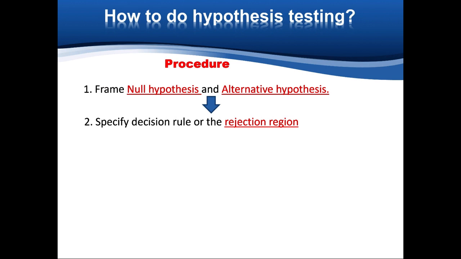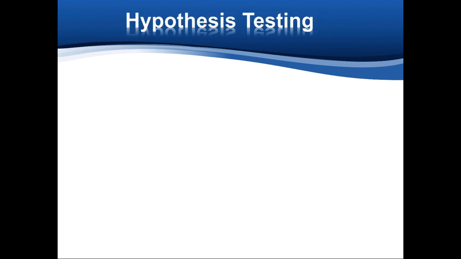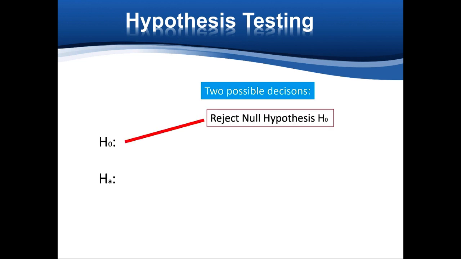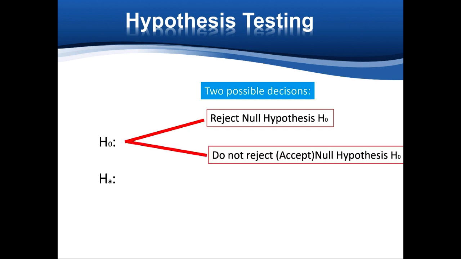Specify decision rule or the rejection region. H0 is a rejectable hypothesis. There are two possible decisions of this test: reject the null hypothesis H0, or do not reject the null hypothesis H0, or you can say accept H0.